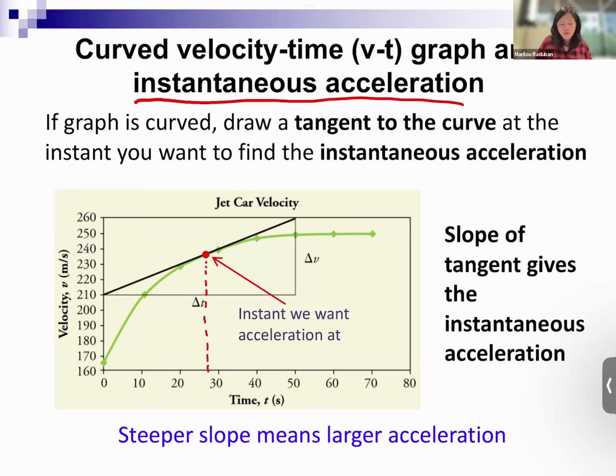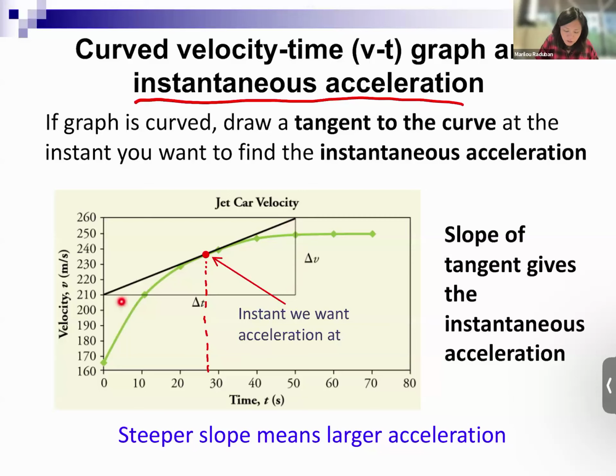We already learned this strategy when we were looking at the position versus time graph and wanting to find the instantaneous velocity. What you have to do is draw a tangent line, a straight line that passes through the point where you want to find the instantaneous acceleration. Then you pick 2 points along this tangent line to calculate its slope, and therefore determine the instantaneous acceleration.